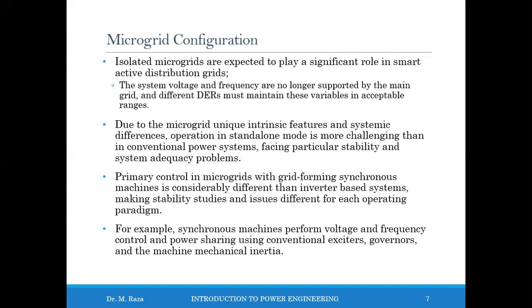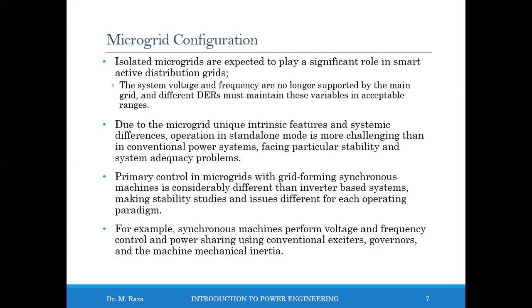Due to the microgrid's unique intrinsic features and systematic differences, operation in standalone mode is more challenging than in a conventional power system, facing particular stability and system adequacy problems. Primary control in microgrids with grid-forming synchronous machines is considerably different than in inverter-based systems, making stability studies a different issue for each operating paradigm.